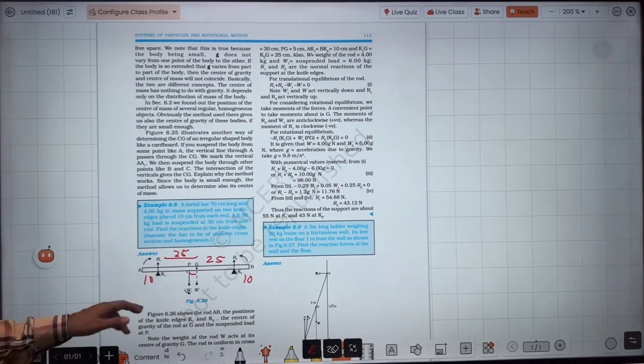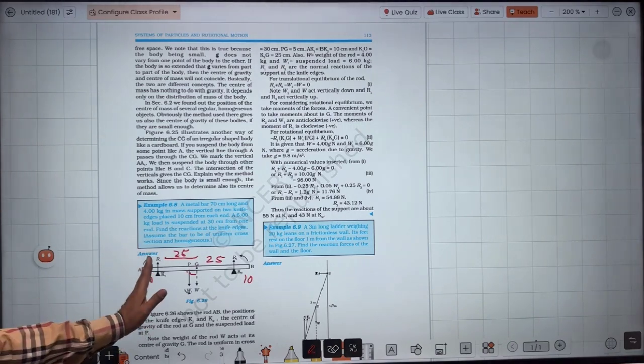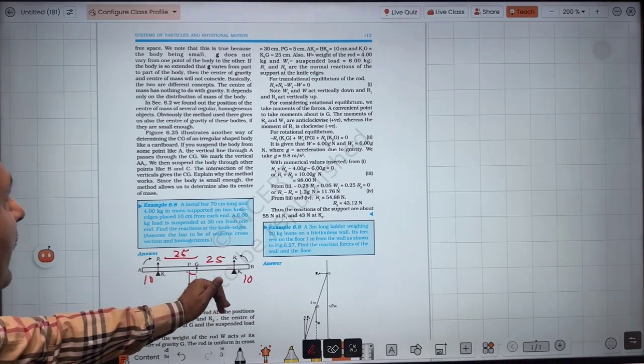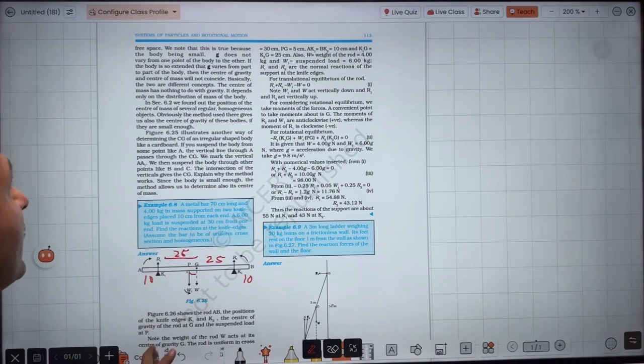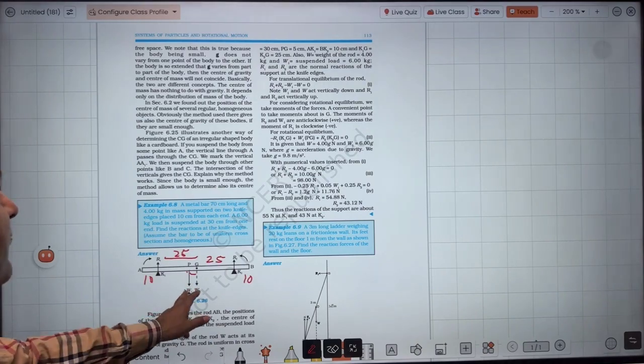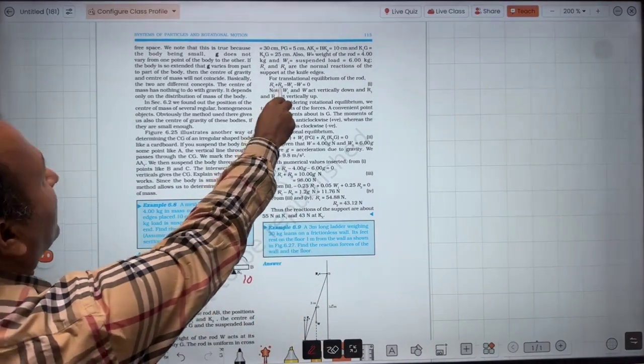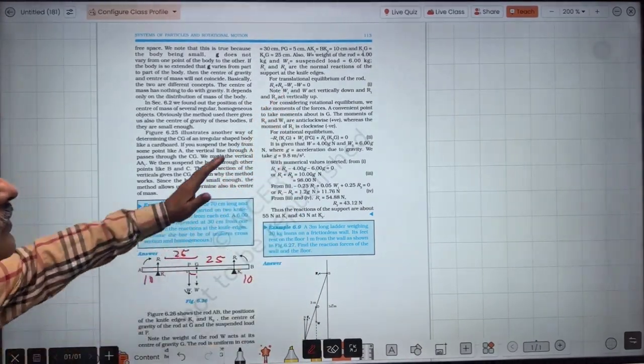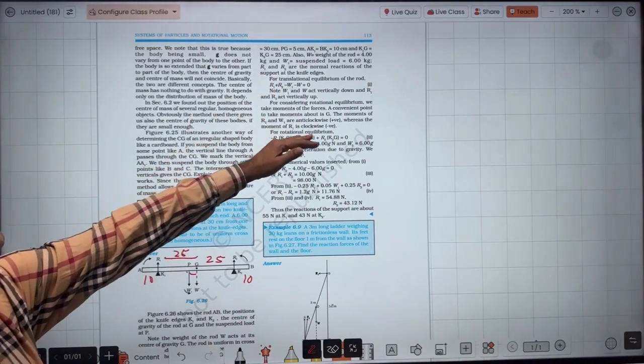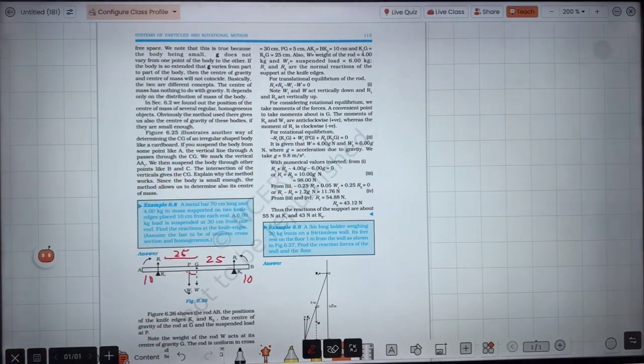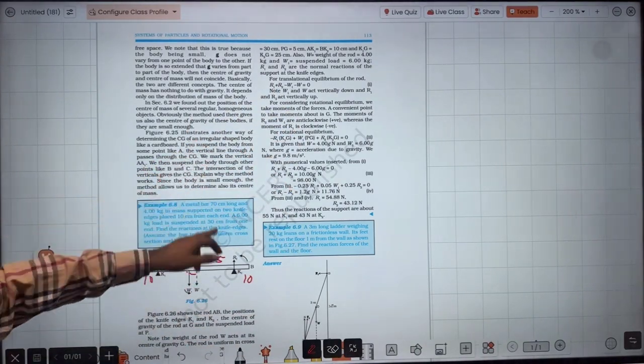So we can say here normal reactions R1 and R2 must counteract the weights. So here the same thing is written, R1 plus R2 minus W1 minus W must be 0. So there won't be any rotation.